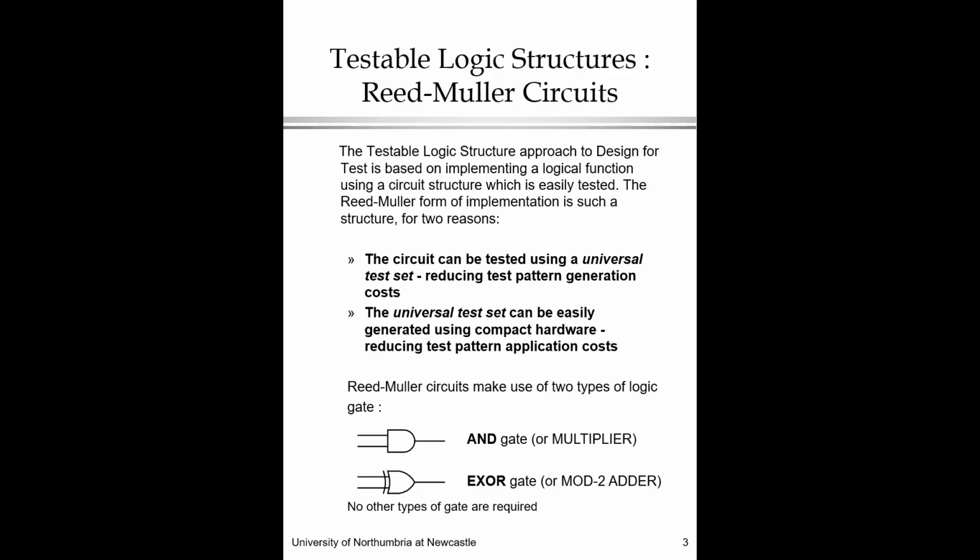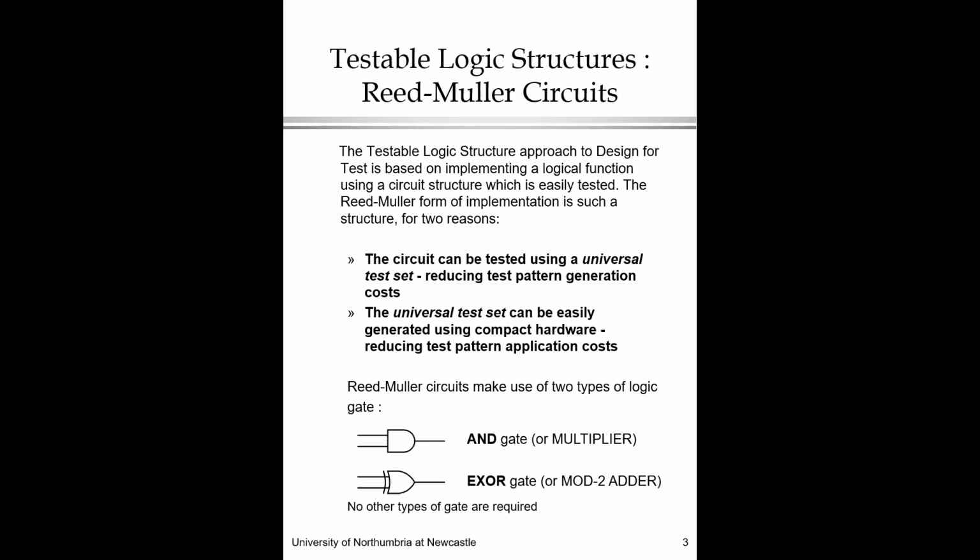The circuit can be tested using a universal test set, so it reduces the test pattern generation cost. We'll talk about the universal test set at the end of this lecture. And then the universal test set can be easily generated using compact hardware, so we can reduce the test pattern application cost.